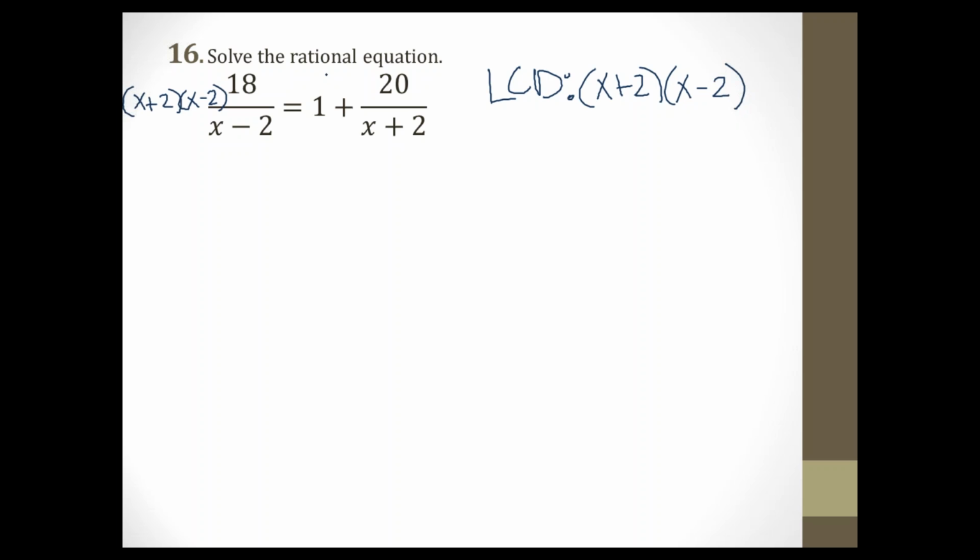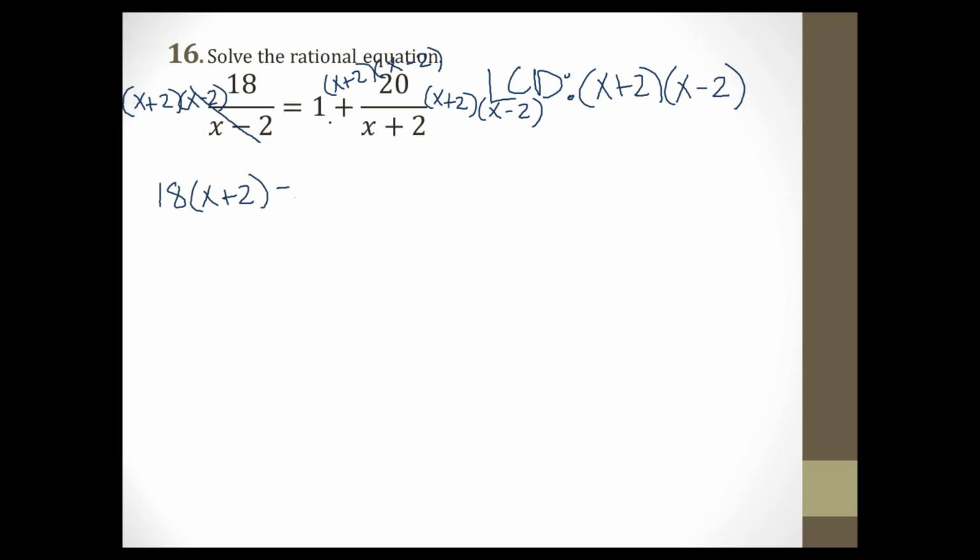And we're going to do it over here. X plus 2 times x minus 2. It's kind of messy. And one more. X plus 2 times x minus 2. All right. So now let's see what happens. On the left-hand side of the equal sign, x minus 2's cancel. So I'll have 18 times x plus 2.